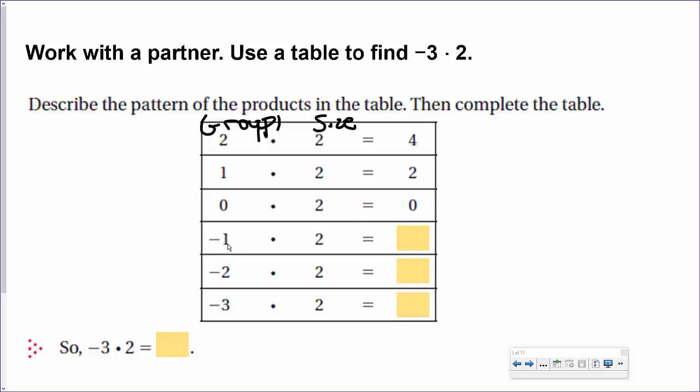What do you think negative 1 times 2 is, or negative 2 times 2, or negative 3 times 2? It appears like it's going down by 2 every time, right? So my guess is this would be negative 2 here, and negative 2 more would be negative 4, and then negative 2 more is negative 6. So you can see as the groups are getting smaller, these numbers are also getting smaller.